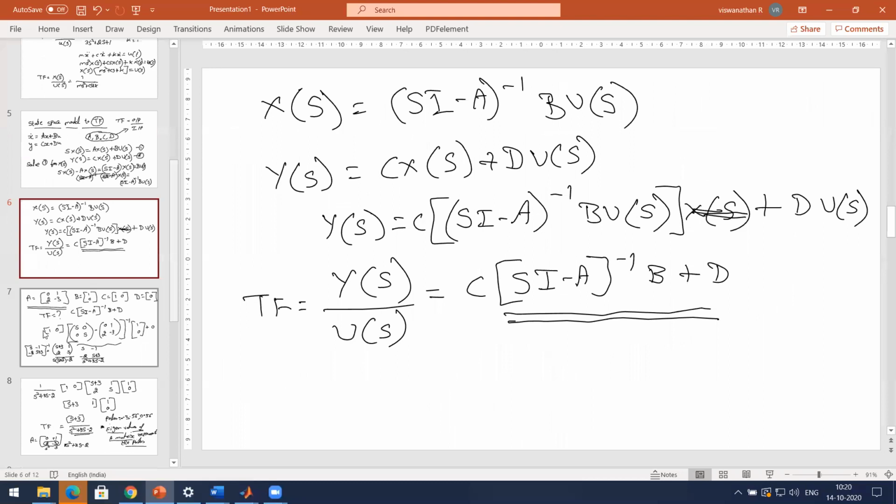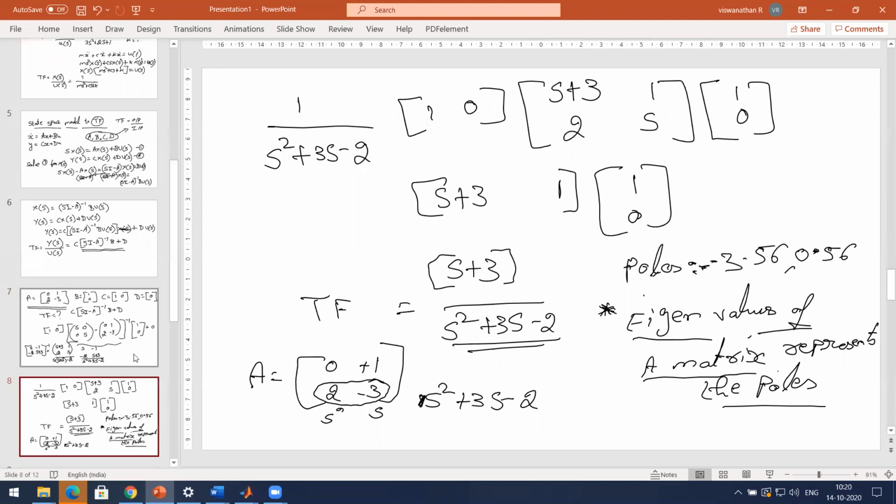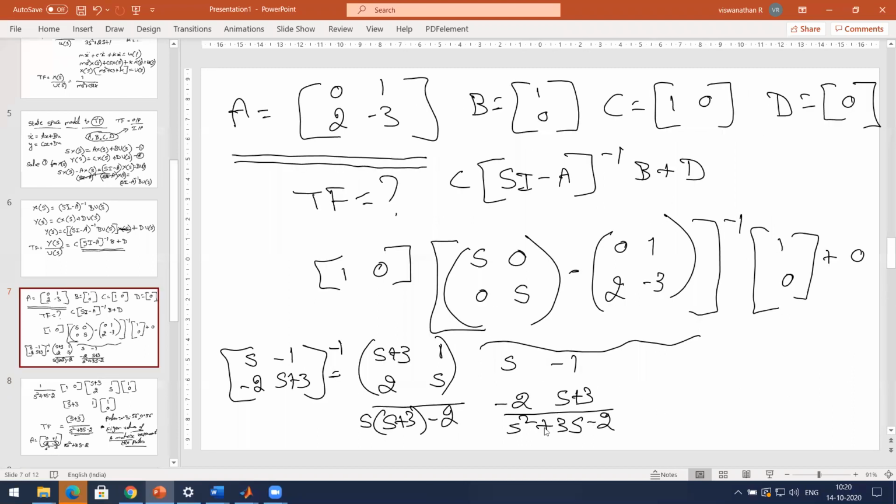From that only we got this transfer function, (S plus 3) divided by (S square plus 3S plus ...). So why we write S square is because of this.